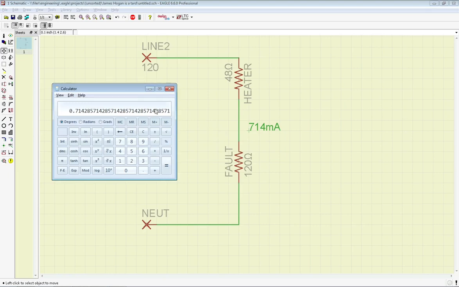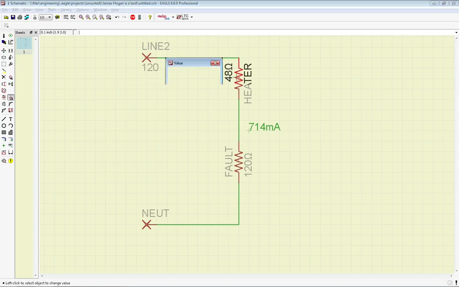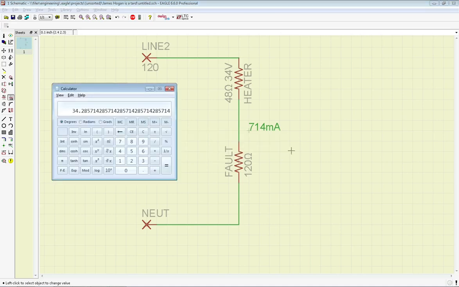And Ohm's law again. If we've got that many milliamps flowing through 48 ohms, then the voltage across that 48 ohms is 34 volts. So in the example that you've given, your heater is at 34 volts. Just to verify that this all works out, we'll figure out what the voltage across that 120 ohms must be.